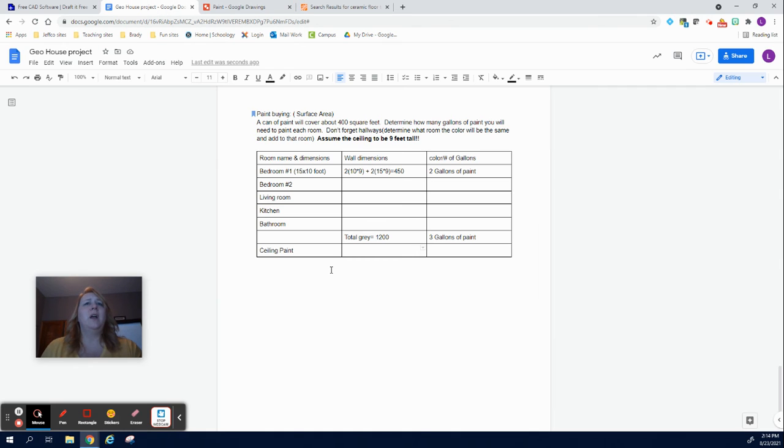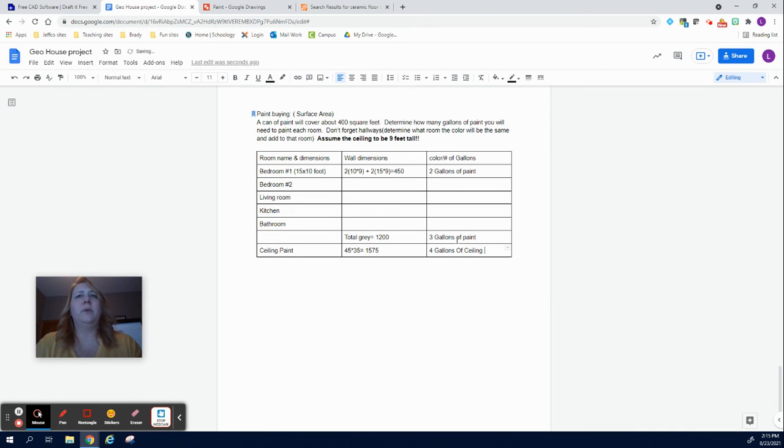So my ceiling paint is going to be the same area as my entire house. 45 times 35 is 1575. If I divide that by 400, it says 3.9 gallons, so I have to round up because we're not buying partial gallons. So I need 4 gallons of ceiling paint.